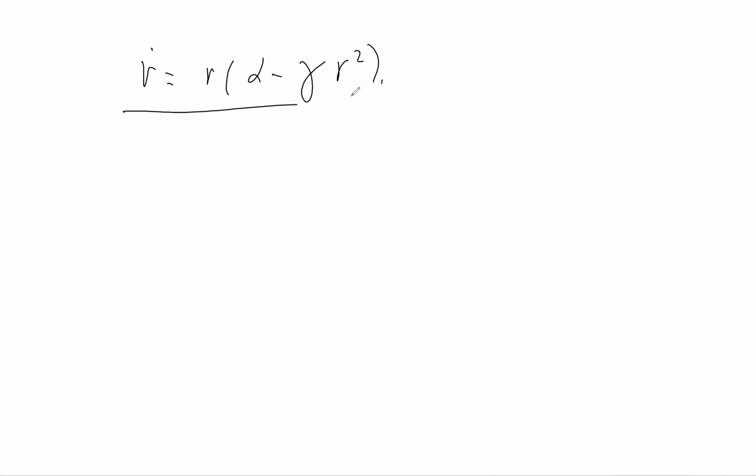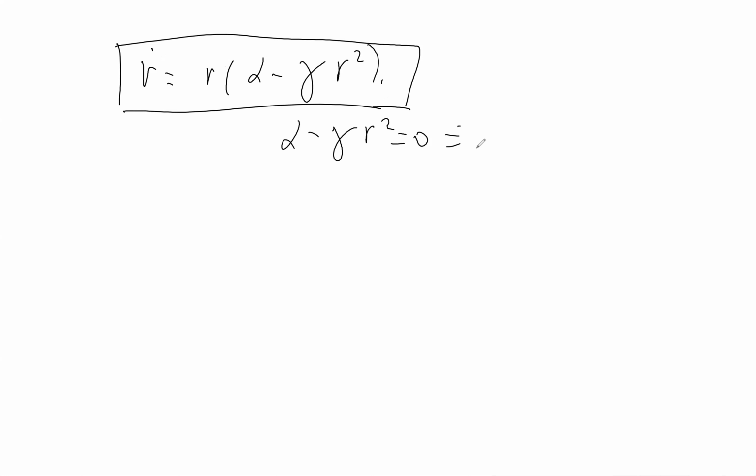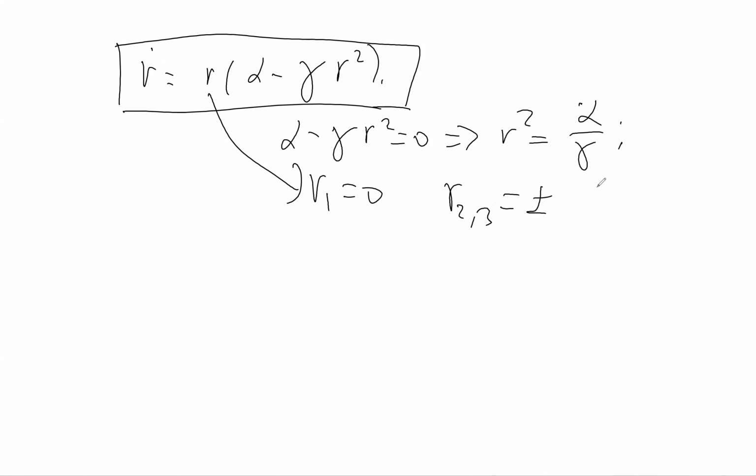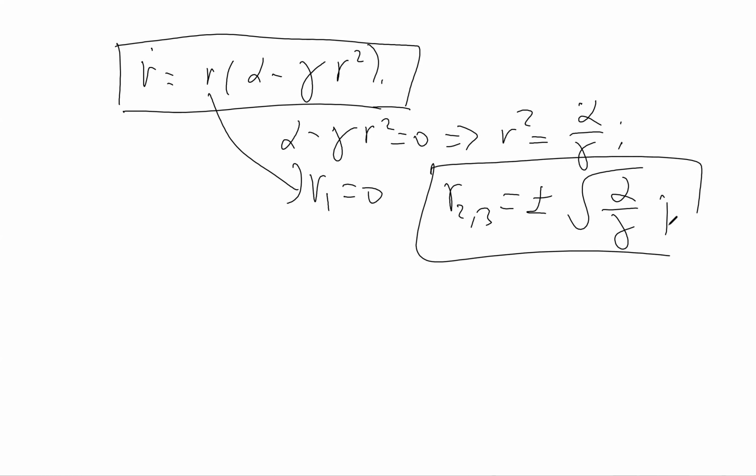If you look at this equation as it is, you will find that alpha minus gamma r squared equals 0. So r squared is alpha over gamma, and r1 is 0 here if we look for equilibria. And r2,3 is plus or minus the square root of alpha over gamma. So in terms of r, we have a pitchfork.